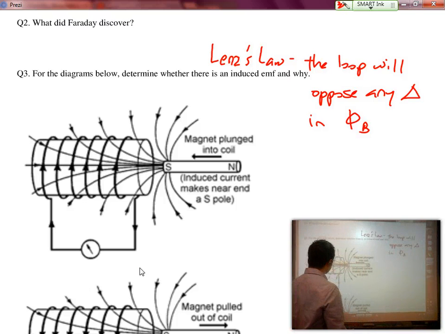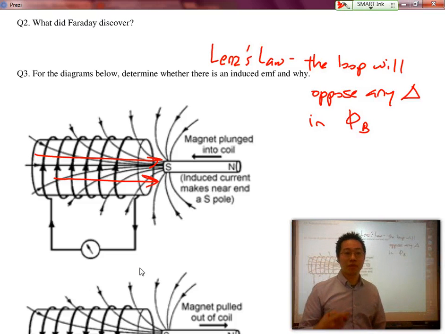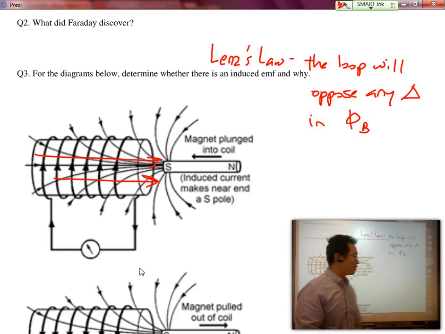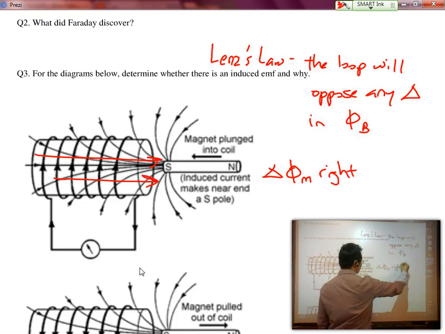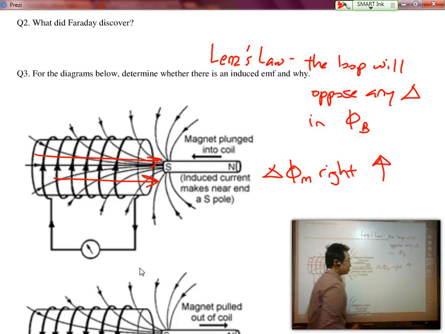So in this case over here, if we look at the first example, we know that there's a magnetic flux going to the right inside the loop that's being created by the magnet itself. But the thing is, the loop will try to oppose it. We know that in this case over here, the change in flux that's going to the right is increasing.